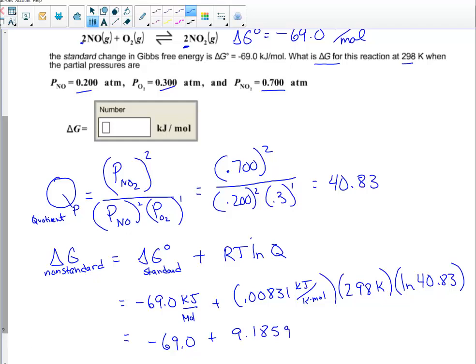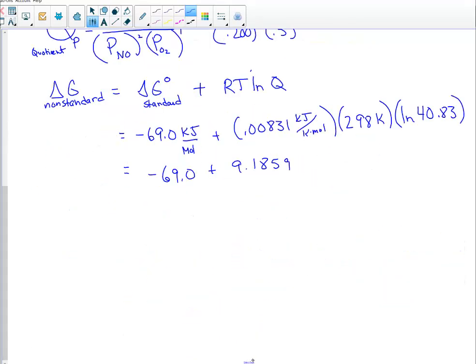We'll figure out sig figs here at the end. And so I'm going to add that to a negative 69. And delta G of our reaction in non-standard conditions comes out negative 59.81. I'll leave it as 1 decimal since that's what this value had, 1 decimal. And that ends up to be in a kilojoule per mole.